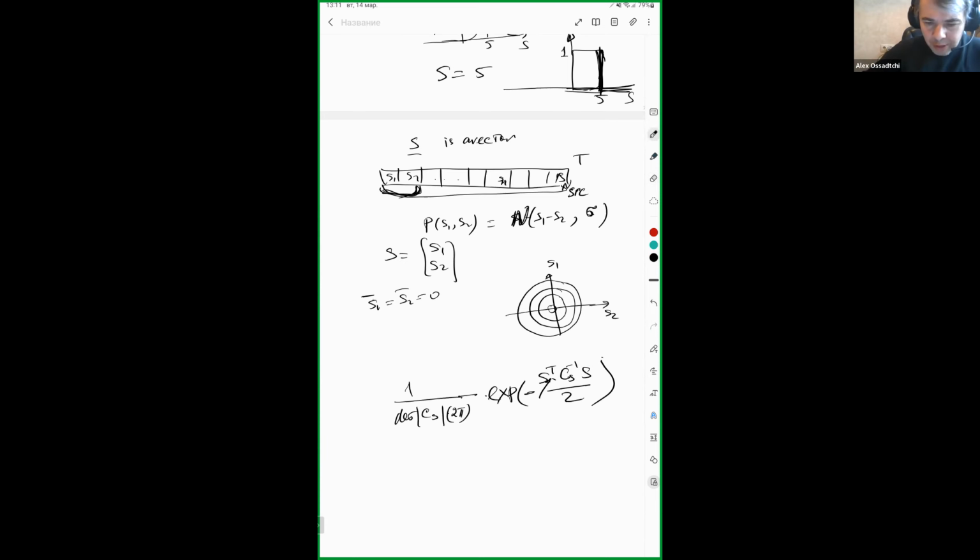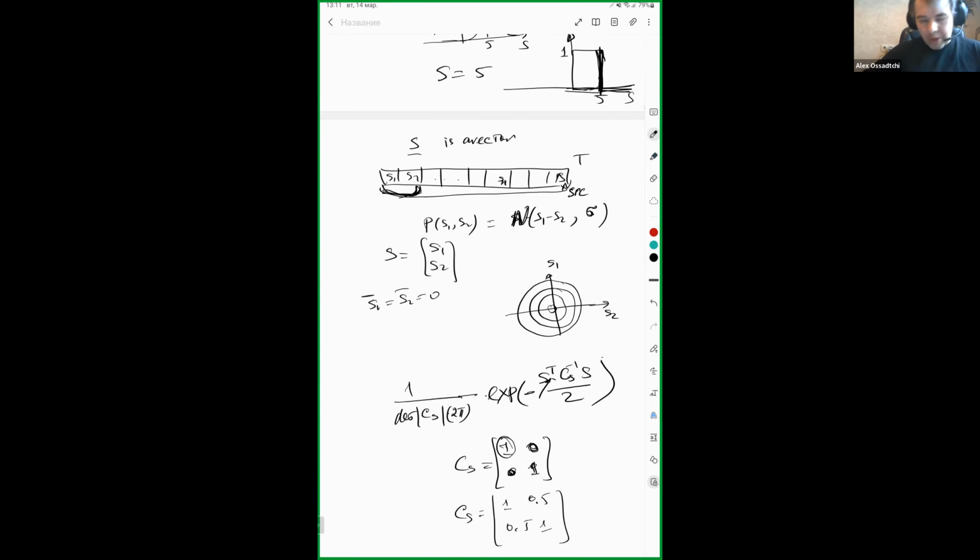For one covariance, if CS is, let's say, the identity matrix, 1 0 0 1, it means S1 has variance 1, S2 has variance 1, and the correlation coefficient is 0. They are not talking to each other. Another covariance could be CS equal to 1, 0.5, 0.5, 1.